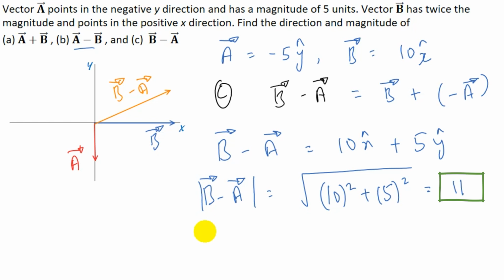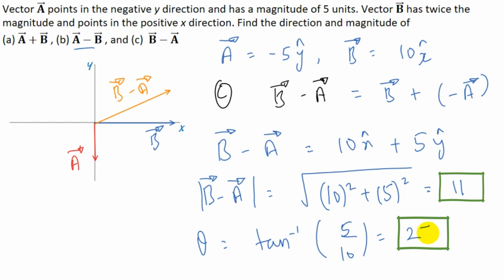Next, theta would be tangent inverse of the y component over the x component. So y is 5, x is 10, so that would be equal to 27 degrees. This time the 27 degrees is this angle, 27 degrees from the positive x. So this would be the direction and this would be the magnitude.